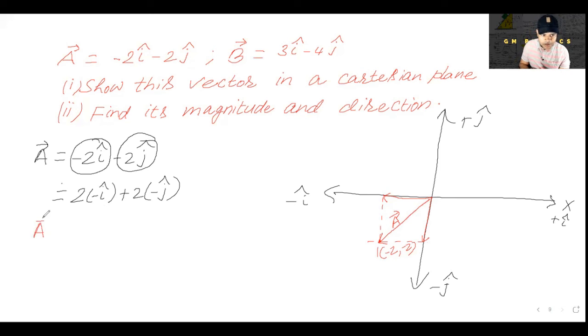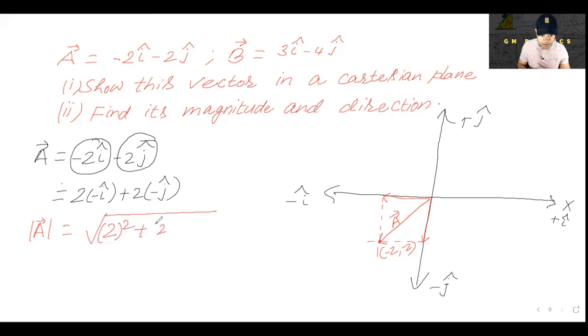We have already done it using the Pythagoras theorem. Now we can simply use the same formula, that is root of the sum of squares of components. Means mod of a is root of the sum of squares of components. So the x component is -2 or +2, whatever you square, you'll get a positive value.